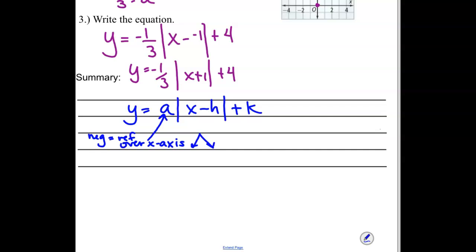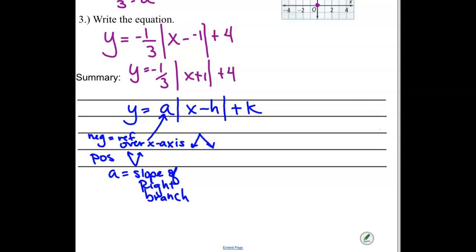Positive means it's going to be right side up. And our a value equals the slope of the right branch. And then the left branch is always the opposite slope.